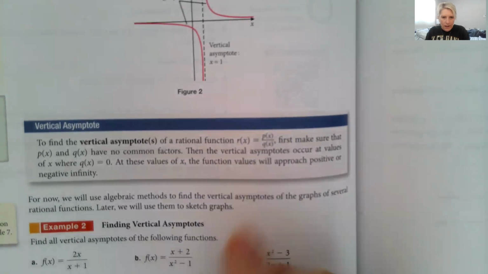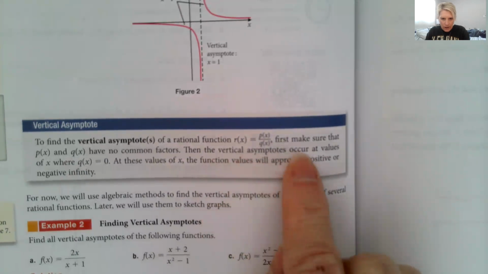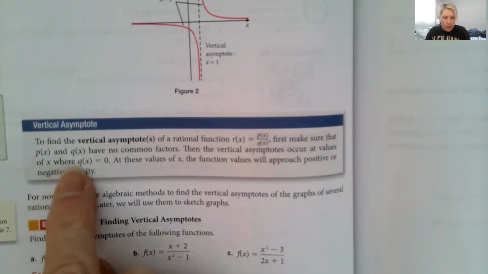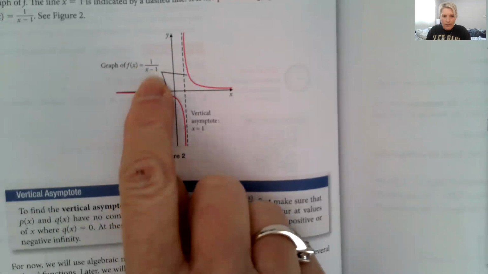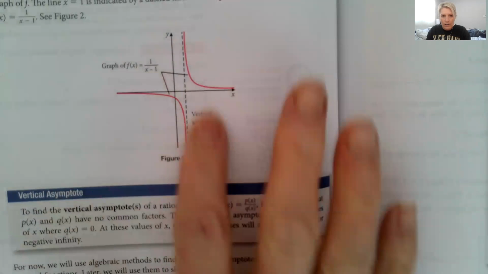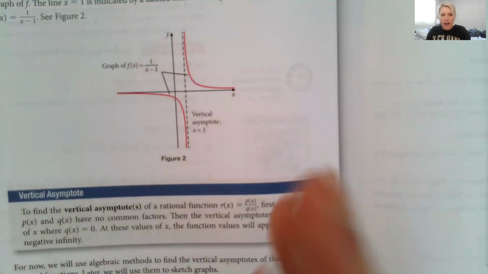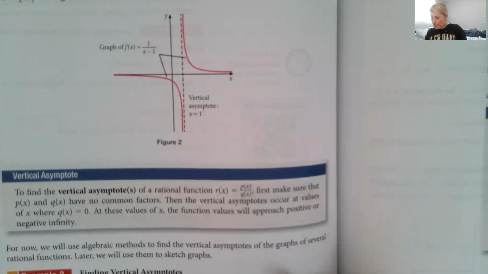Okay, so the vertical asymptotes occur at values of x where Q of x is 0. So we're going to set that denominator equal to 0 and find out what values could cause this function to be undefined, and that's where our asymptotes will be.